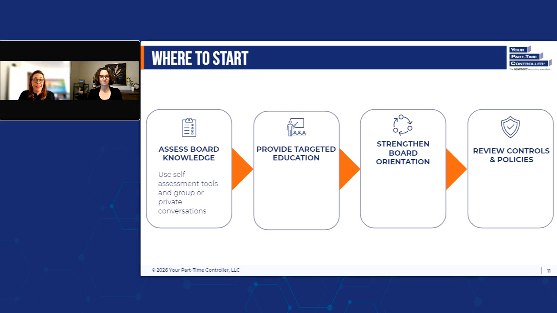We don't want to make any assumptions about people's background. So you could use a tool like a self-assessment to gauge your board's current knowledge and comfort level. We're actually going to show you an example in a little bit. Or you could simply talk to your board to see where their current comfort level is.